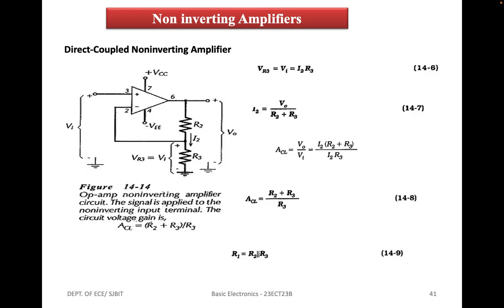The voltage divider current I2 is always selected to be very much larger than the operational amplifier input bias current, and VR3 equals Vi equals I2 R3. Also from the figure, it is seen that current I2 can be given as V0 by R2 plus R3.